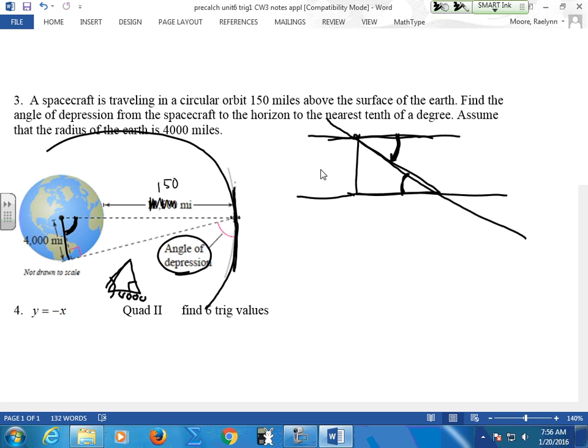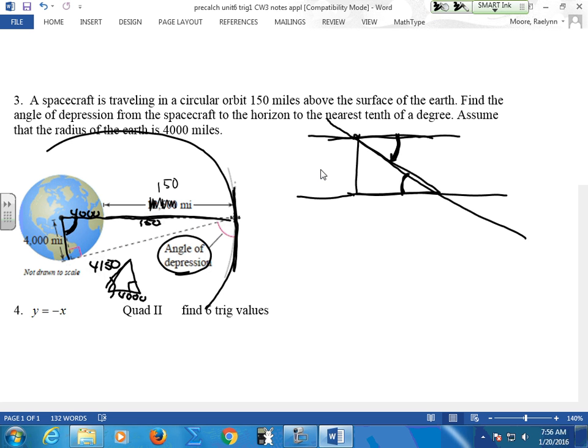How big is this hypotenuse now? If from here to here is 150, I need to know this whole thing. Oh, so it would be 4,150. Okay, so your radius is 4,000, so your hypotenuse is going to be 4,150 miles. The diagram is horrible, but the concept I like.